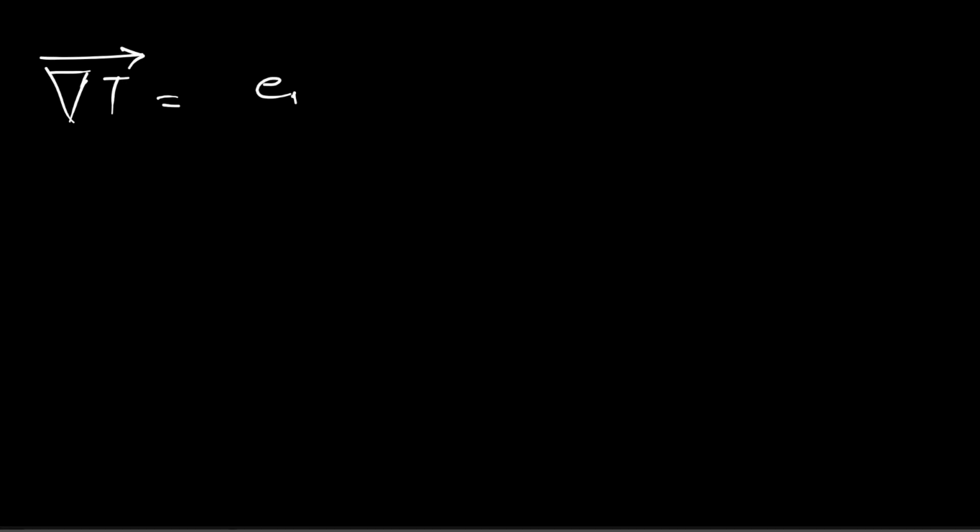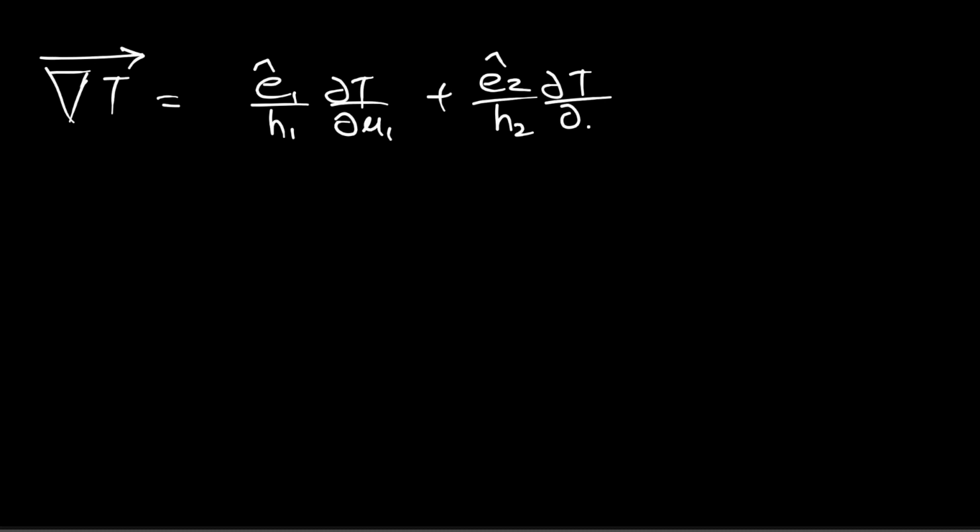It comes out to be e1 (1/h1) curly T by curly u1 plus e2 (1/h2) curly T by curly u2 and plus e3 (1/h3) curly T by curly u3.